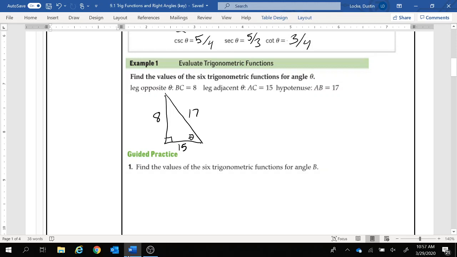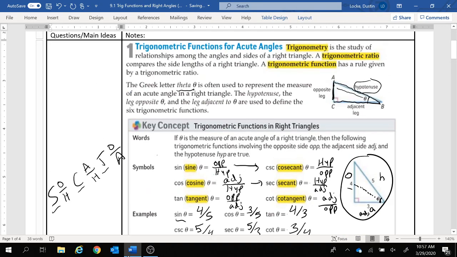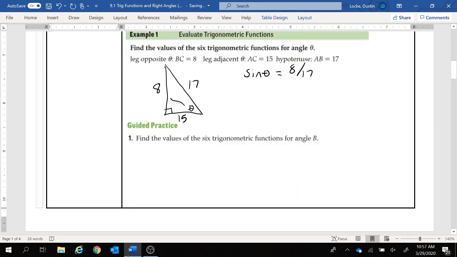All right, so let's set these up real quick. The way I'm going to write this is sine theta equals, now we have our opposite side, which is the 8, over the hypotenuse side, which is the 17. Like we just talked about in the last problem, if you want to, you could put an O here for the opposite, an A here for adjacent, and an H, and we'll use that for every single problem.